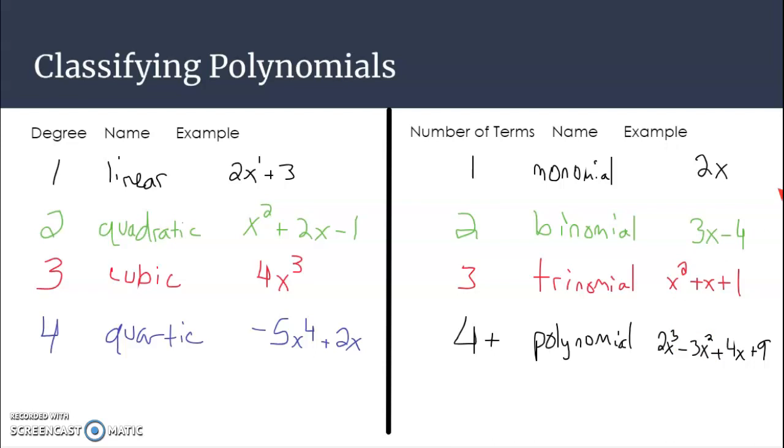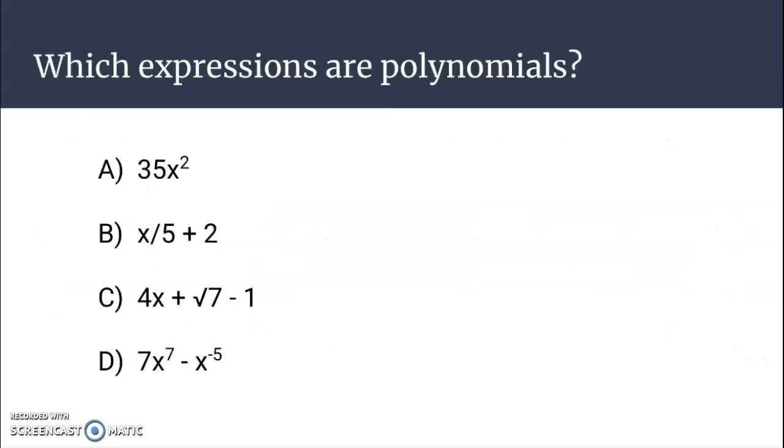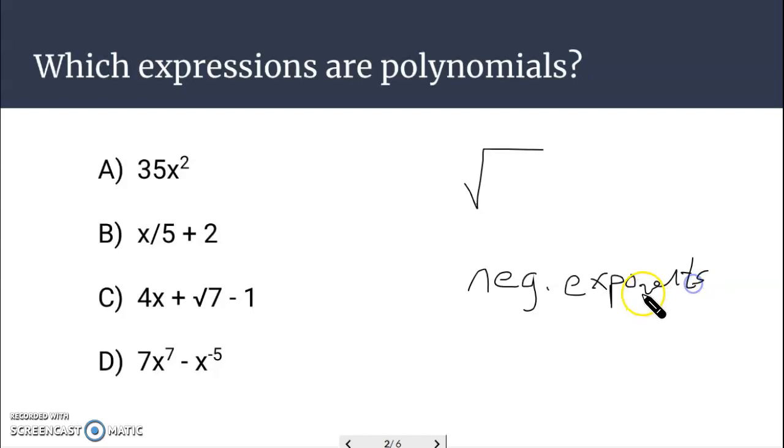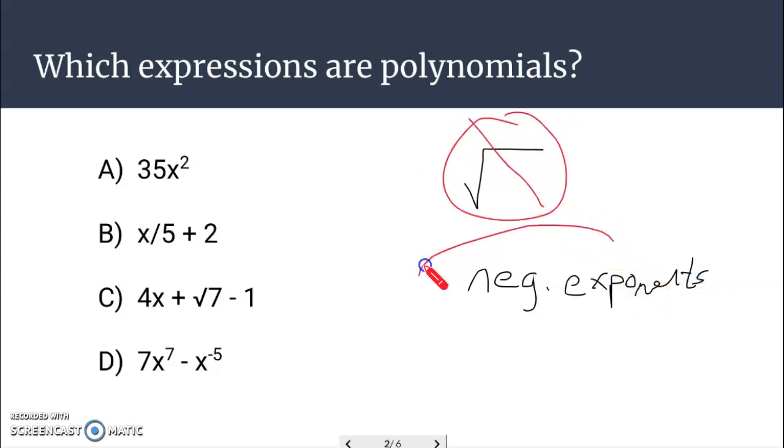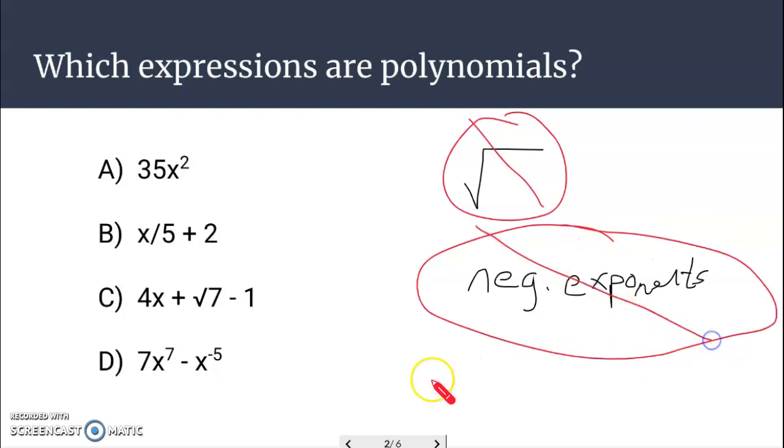All right, let's look at a couple examples which just describe polynomials. Now, it turns out a full polynomial is not allowed to have radical symbols and negative exponents. Otherwise, you can't call it a true polynomial. So no radicals allowed, no negative exponents allowed.